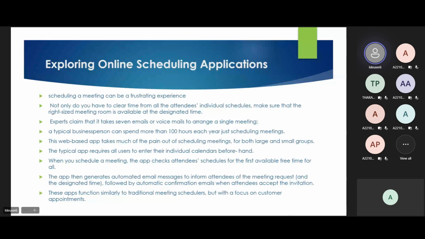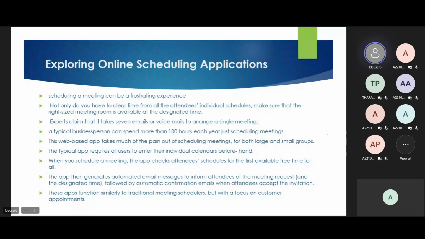Why is it frustrating? We need to find a particular time. All the individuals have to be free. Without the attendees, we can't conduct an event. If you want to schedule an event or a meeting, we definitely have to make sure whether all the attendees are free at the time, and we also make sure that the room and resources are free.